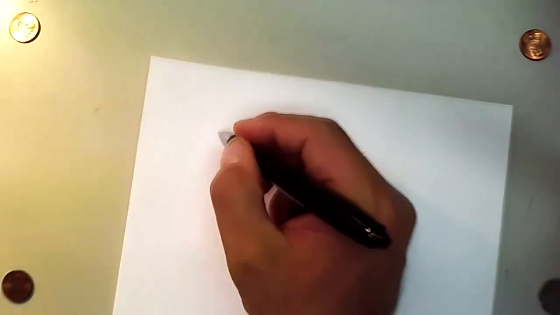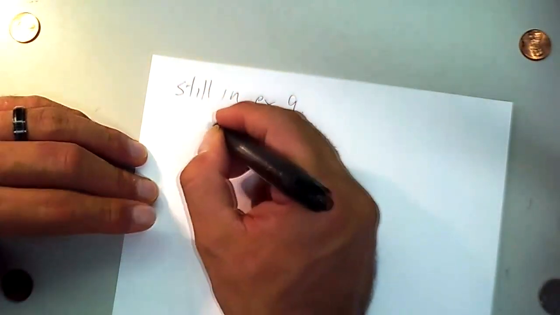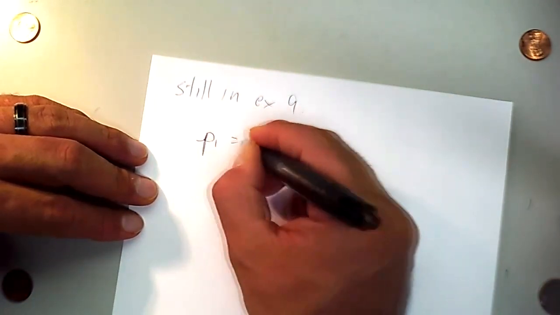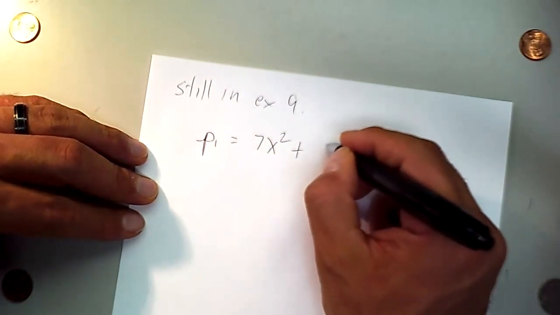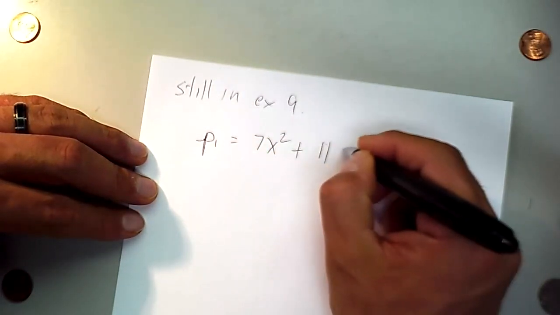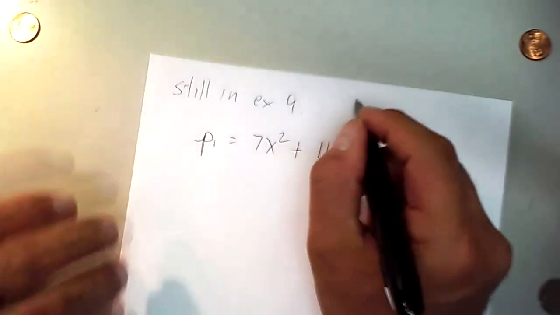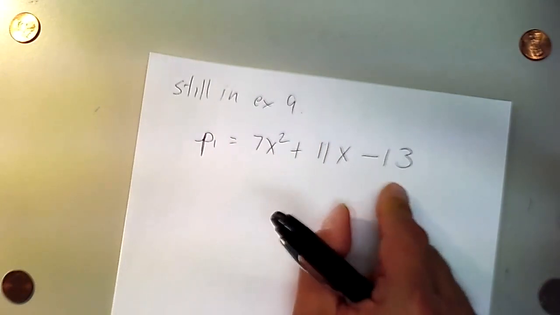Okay, so we're still in example 9. Let's say you have a polynomial P1 equals 7x squared plus 11x minus 13. And I want to find the derivative of this using the matrix.